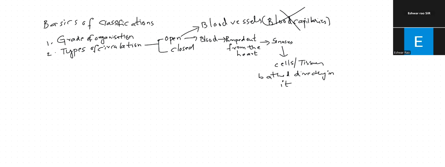Whereas in closed type of circulation, what happened here? Blood is always confined to blood vessels. As I said, assume this is the heart.